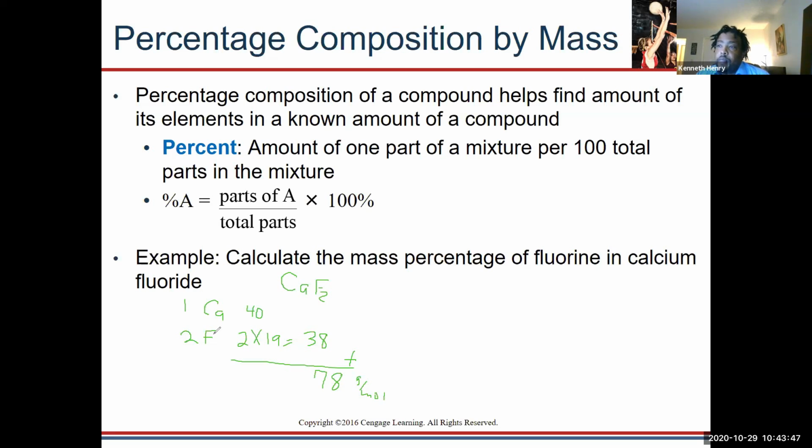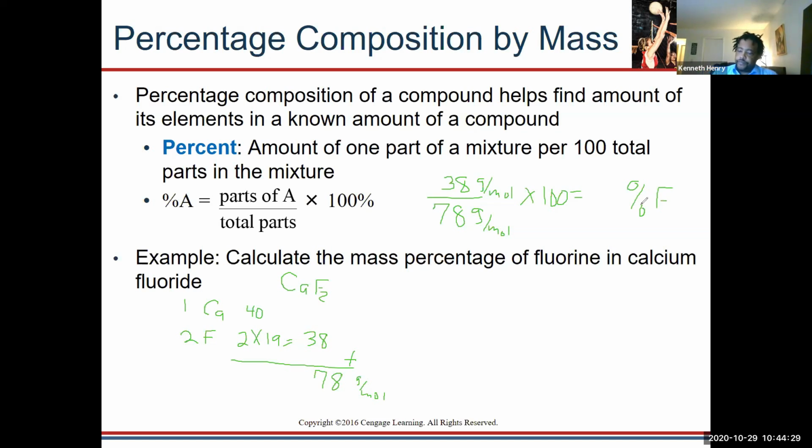So for the mass composition of fluorine in calcium fluoride, we take our fluorine, because that would be the part, and divide it by 78, which is our whole. Multiply it by 100, and that gives us our percent fluorine in calcium fluoride.